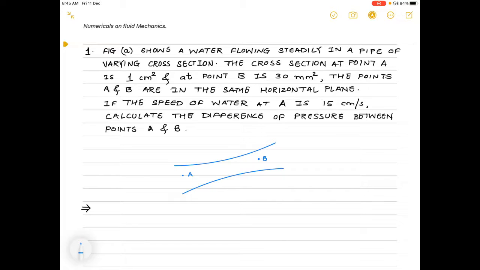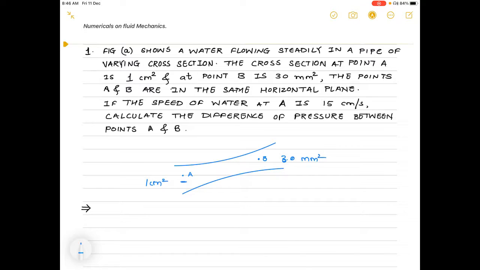The first problem, I will read the question first. The figure shows water flowing steadily in a pipe of varying cross section. The cross section at point A is 1 centimeter square, and at point B it is 30 millimeter square.